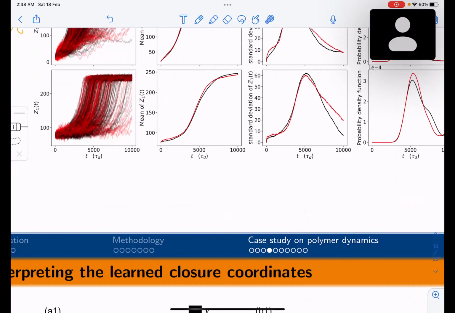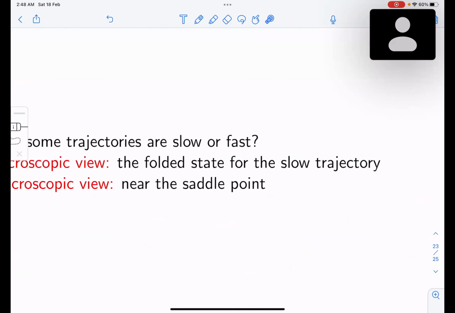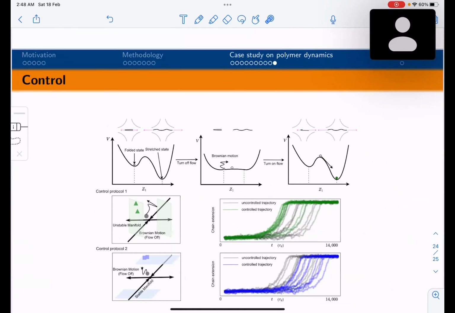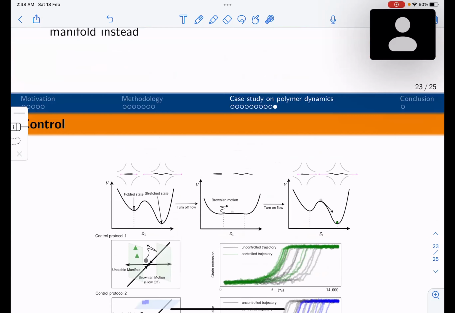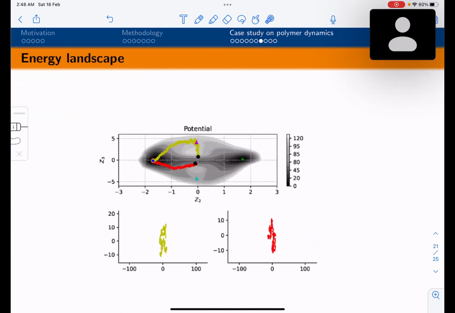When we do the control, we run for a longer time to see the slow and fast. Yeah, this is a good suggestion. I think I can run it for a longer time. Yeah, this is a good point. Thanks a lot.